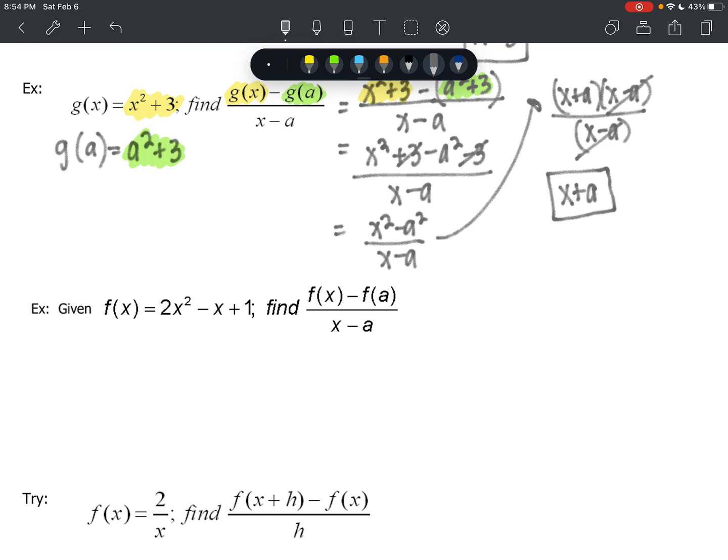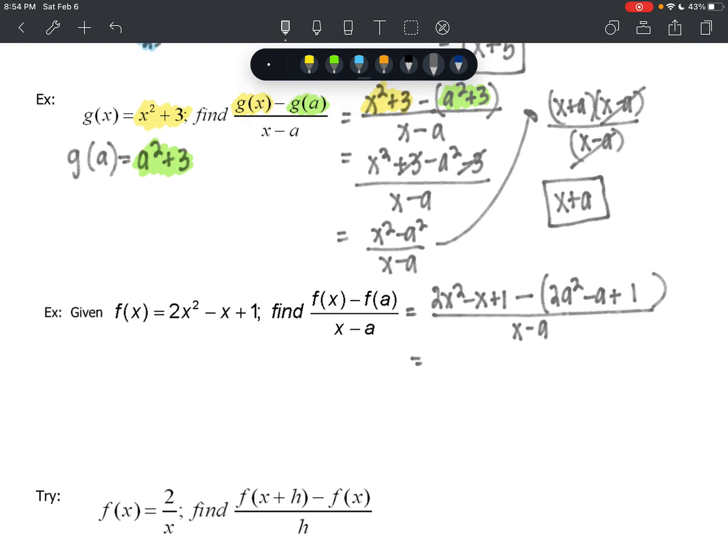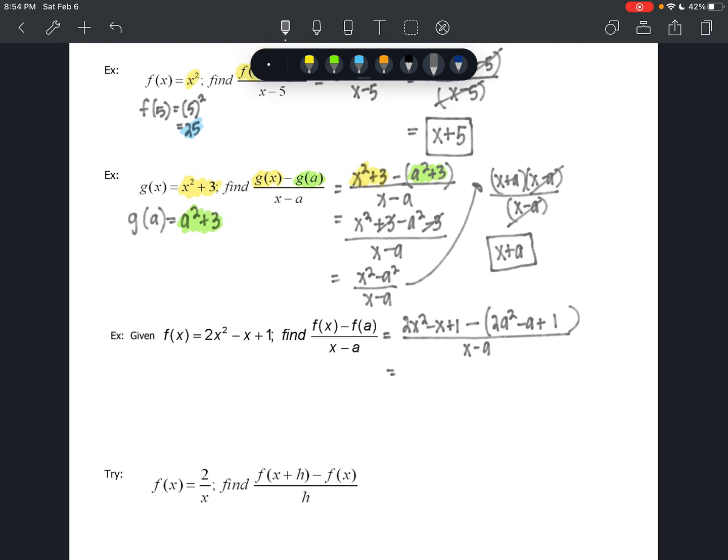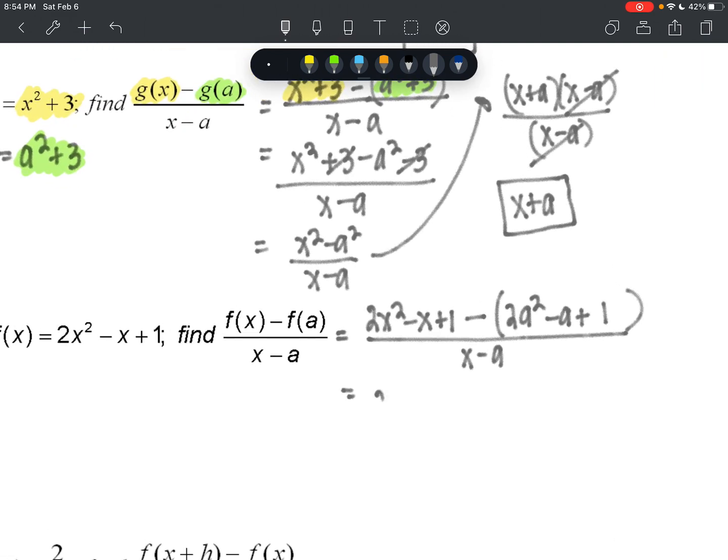Okay, f of x is simply 2x squared minus x plus 1 minus all of f of a, which is 2a squared minus a plus 1. And that's going to be all over x minus a. I may run out of some room here. I'm going to have 2x squared minus x minus 2a squared plus a.